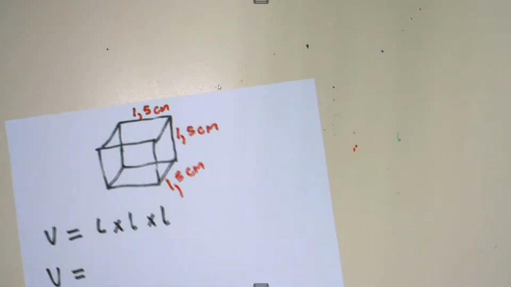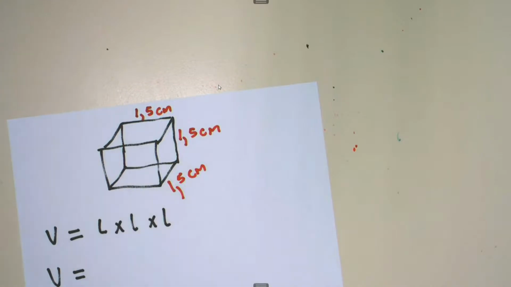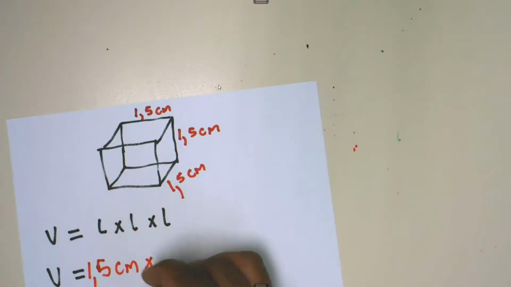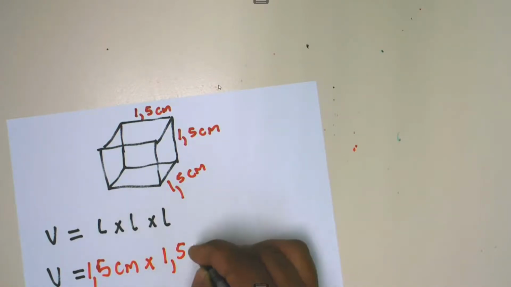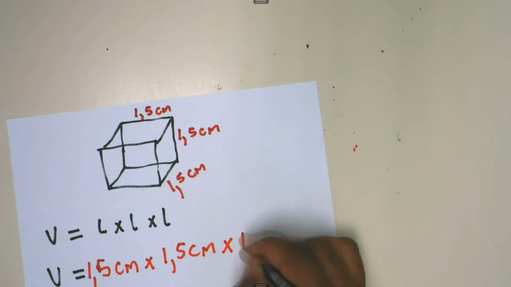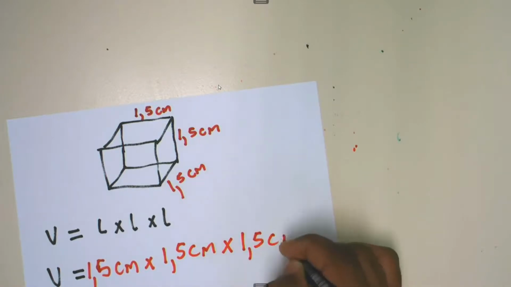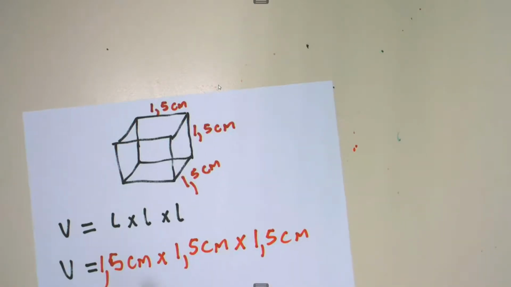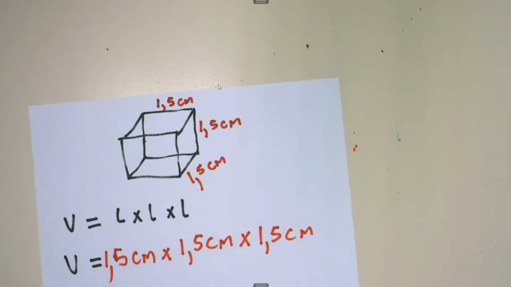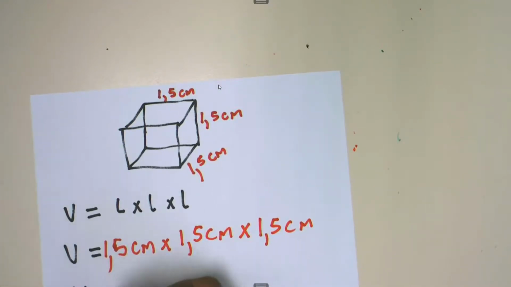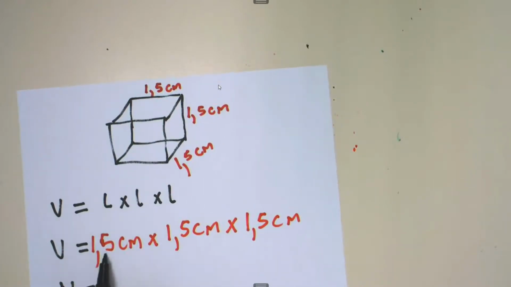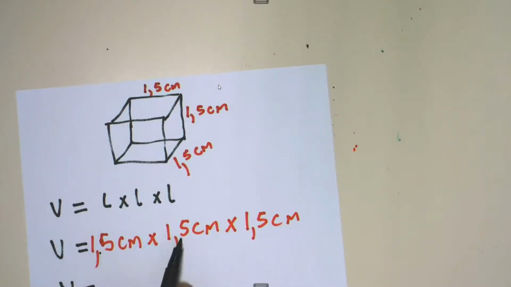We just do simple calculations or simple substitution. 1,5 centimeter multiplied by 1,5 centimeter multiplied by another 1,5 centimeters. All in all, how many are they? 1, 2, 3. Good. Then now, at this stage of the game, we can take the first two, and then we say, what is 1,5 multiplied by 1,5?